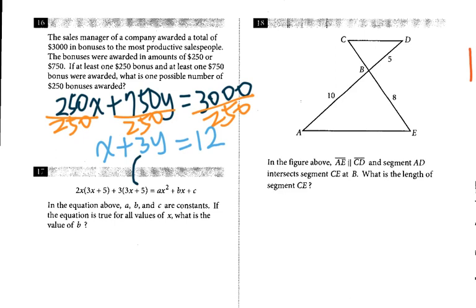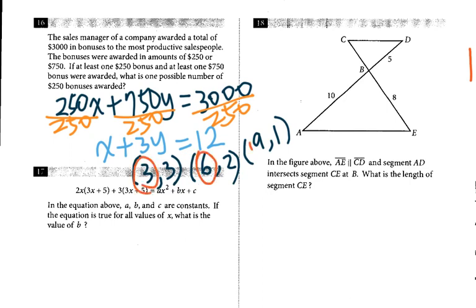Then we get if x equals 3, then y will be 3. If x equals 6, then y will be 2. If x equals 9, then y equals 1. So the answer is either 3, 6, or 9.